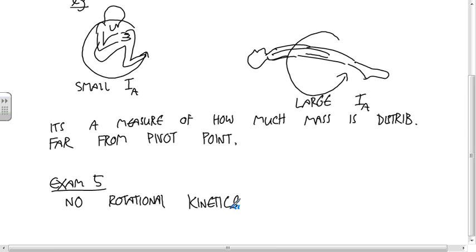They'd be equally hard to get accelerating, but the shot put would be easy to get rotating. The 2x4 would take more work to get rotating. That's because even though they have the same mass, the 2x4 has a bigger moment of inertia. It just has to do with the fact that the 2x4's mass is spread out farther from its pivot point. And that's why it has a bigger moment of inertia.